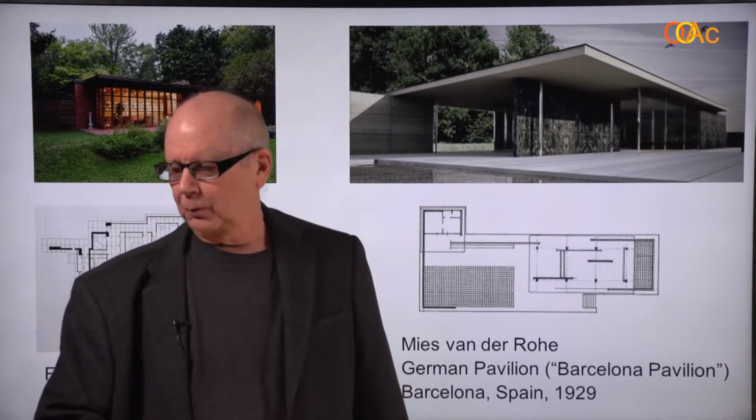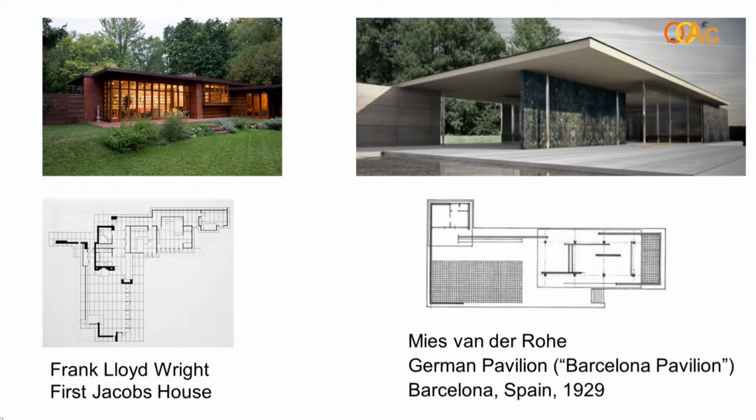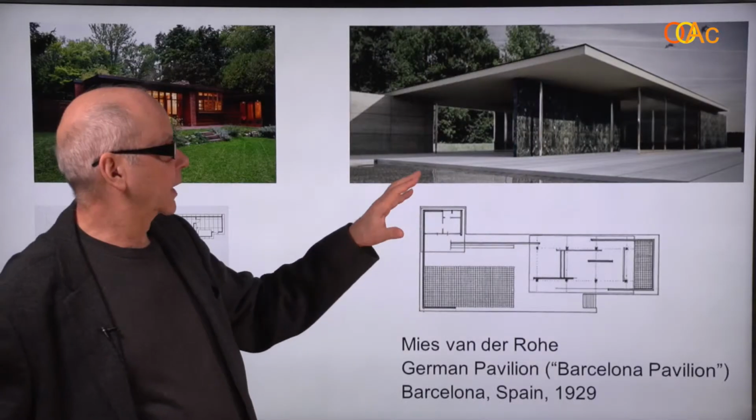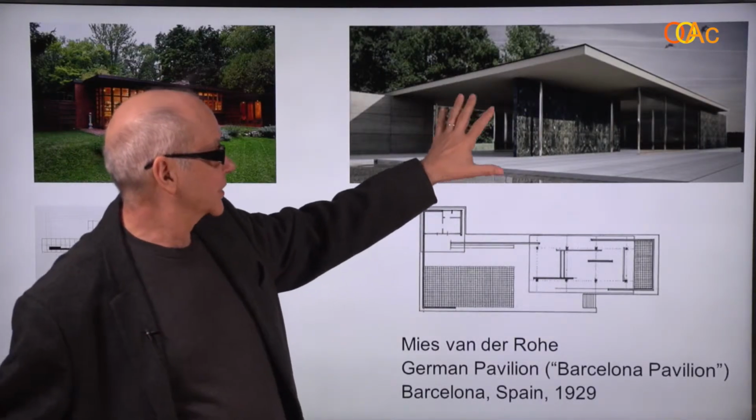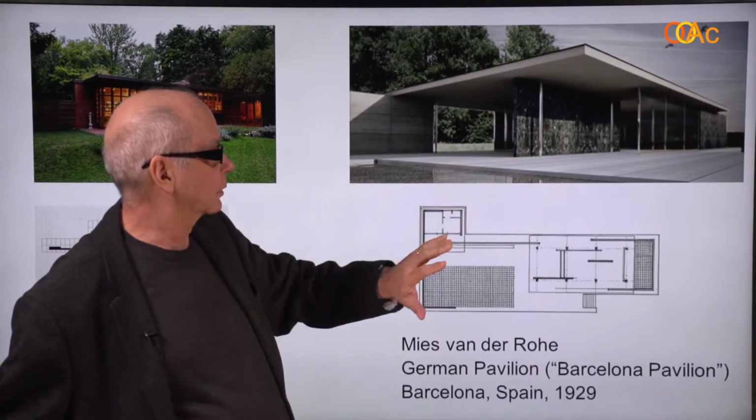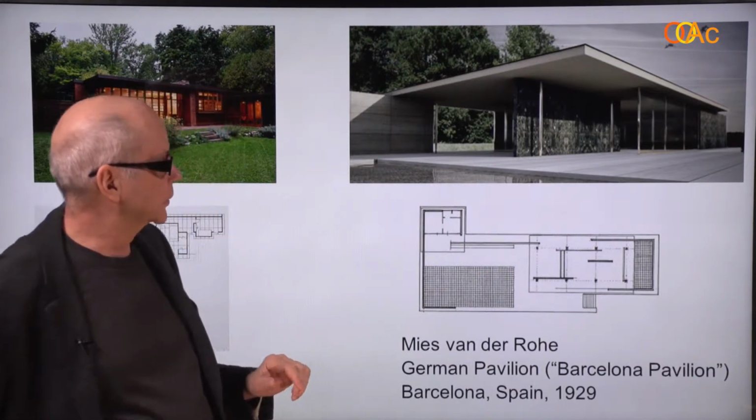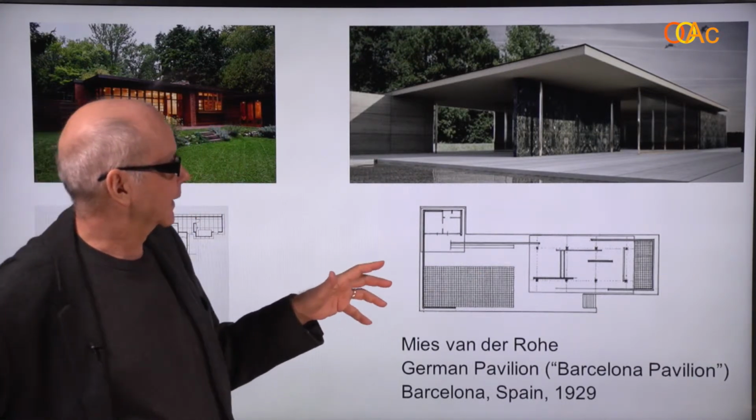Here we are with Frank Lloyd Wright's first Jacobs house, the Usonian house we mentioned, and on the right is Mies van der Rohe's German pavilion, or the Barcelona pavilion. And we'd say, well, Mies has all of this glass and steel, slabs of stone cut by modern tools, so that's not organic.